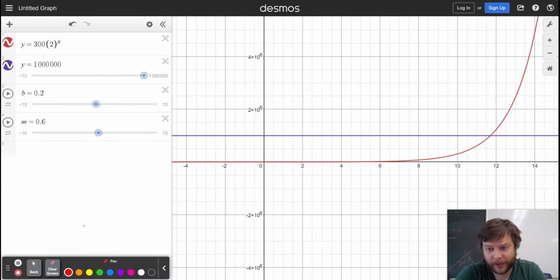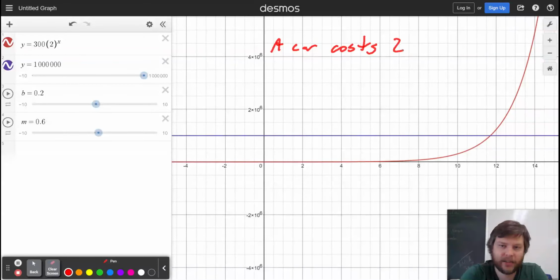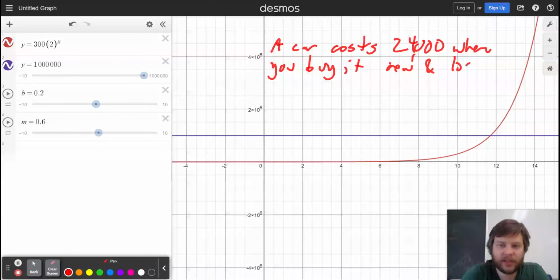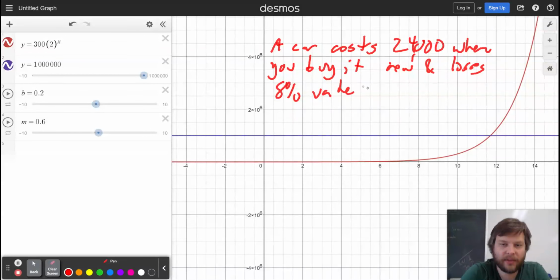So usually, for example, if you buy a new car, it gets less valuable over time. So let's say that a car costs $24,000 when you buy it new, and loses, let's say, 8% of its value each year, and we'll give a target number.